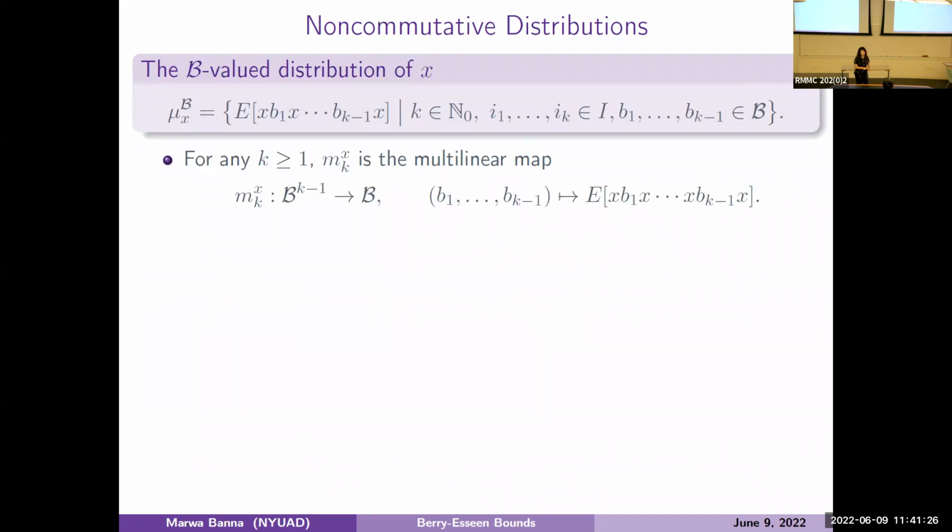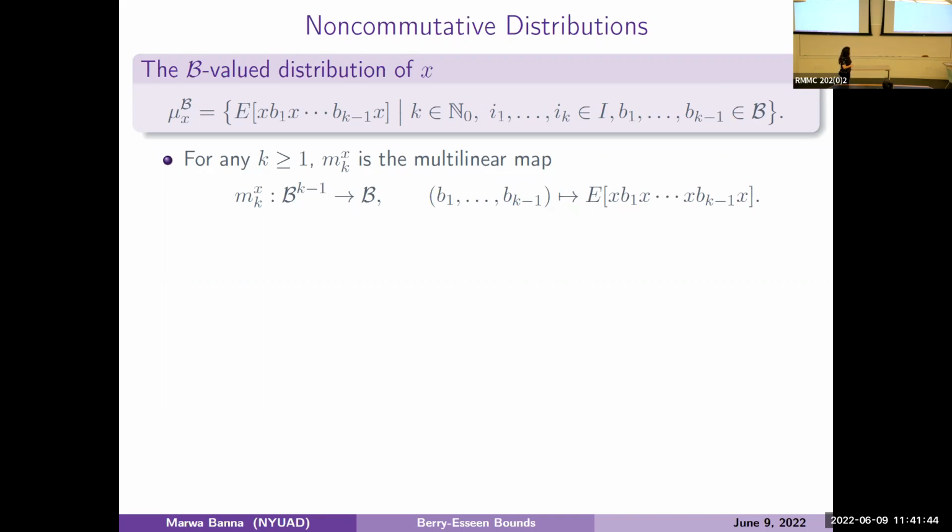Now, in the operator valued setting, how are these distributions defined? The B-valued distribution of x is again the collection of moments, but this time the B-valued moments. So it's the collection of all possible B-valued moments of x. Again, this is a combinatorial object.